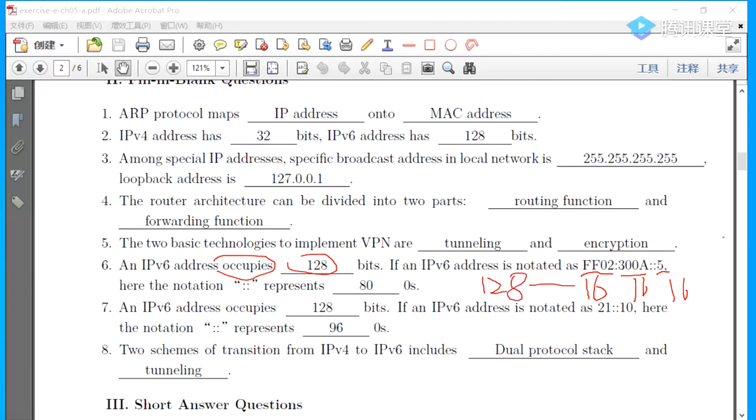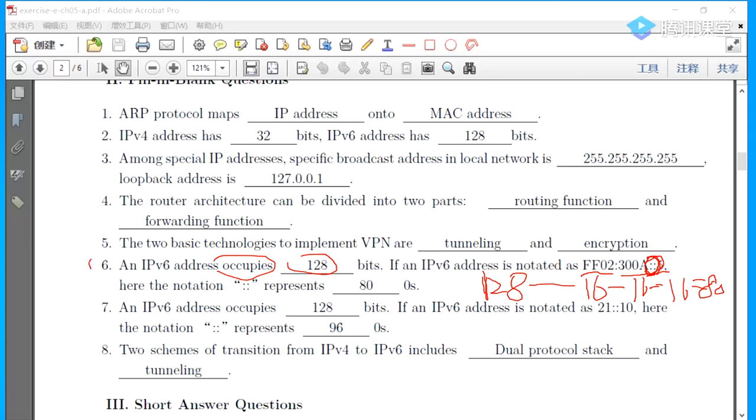So the double colon is treated as 128 minus 16 minus 16 minus 16. That is 80.